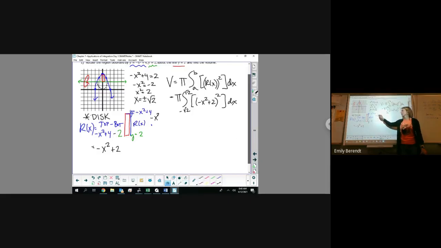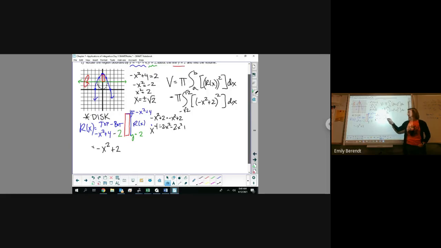If you can do it in your head, that's fine. If you need to write it out, write it out. Just don't mess up if you do it in your head. Negative x squared plus 2 times negative x squared plus 2. So we're going to have negative x squared times negative x squared, which is positive x to the 4th. A negative x squared times a positive 2 is a negative 2x squared. And then on the inside, you get another negative 2x squared.